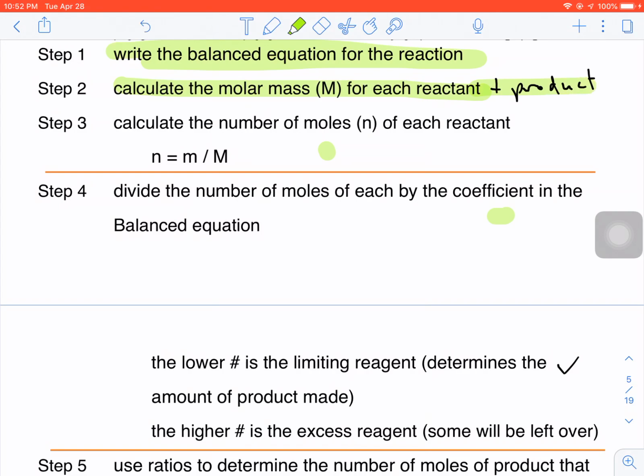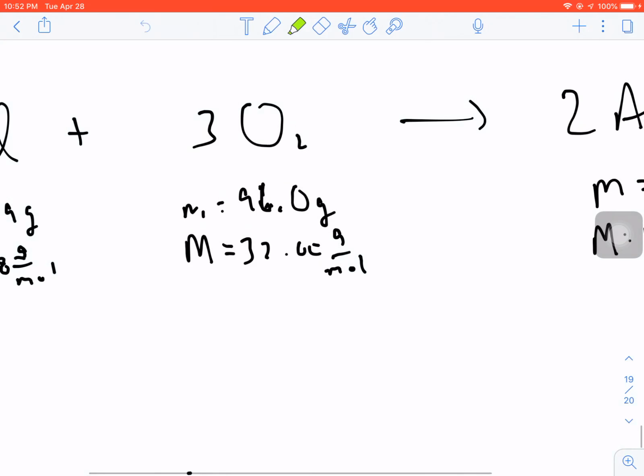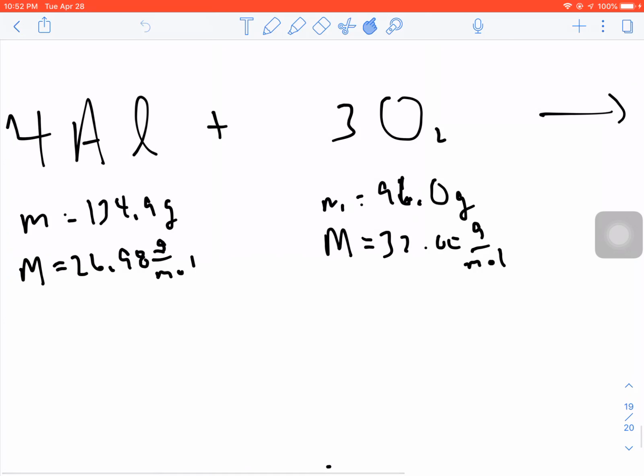Okay, step 3, calculate the number of moles for both reactants. Okay, so let's go back to my question. And I'm going to calculate the number of moles of aluminum and the number of moles of oxygen.